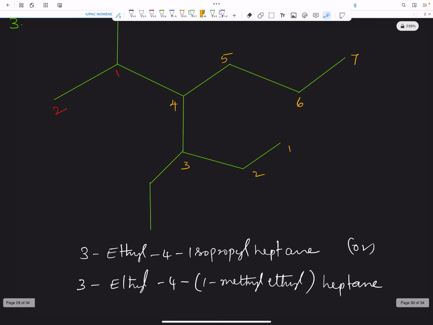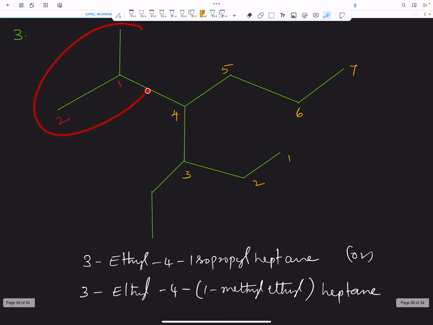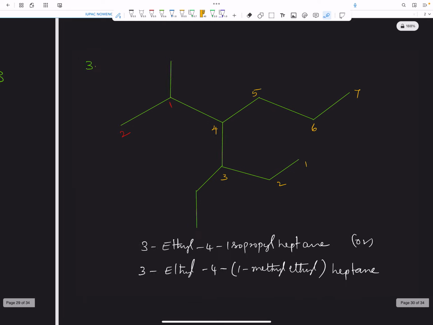Here, the ethyl group is present at the 3rd carbon and the isopropyl group is present at the 4th carbon. Name becomes 3-ethyl 4-isopropyl heptane, or it can also be written as 3-ethyl 4-(1-methylethyl) heptane, where in the first position there is a methyl.